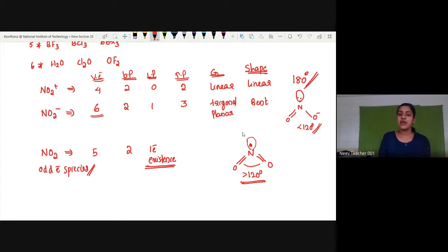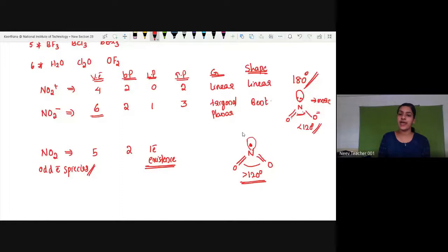Like in the case of NO2 minus and NO2 plus. NO2 has only 1 electron, whereas NO2 minus has a lone pair, which means 2 electrons. So the repulsion will be more here due to the lone pair, so the bond angle will be less here. For NO2, the repulsion is less, so its bond angle will be greater compared to NO2 minus.